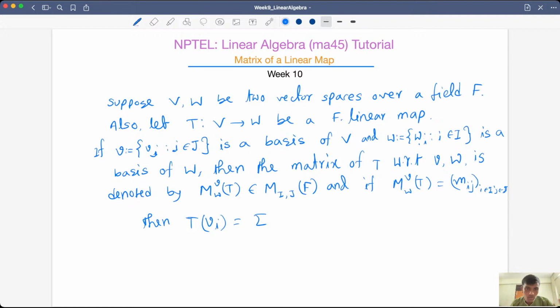Then this v_j will give me the jth column.